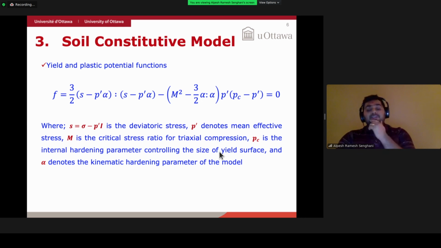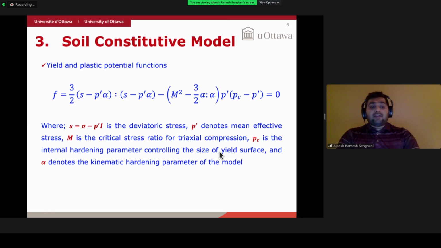The researchers in this case have used S-Clay 2, which is the isotropic destructuring model. We are going to learn ahead why I'm talking about the destructuring and constructing of the particles. This constitutive model is used for the yield and plastic potential function. That means they want to calculate the plastic potential of the soil when it's affected by a load of a certain value.